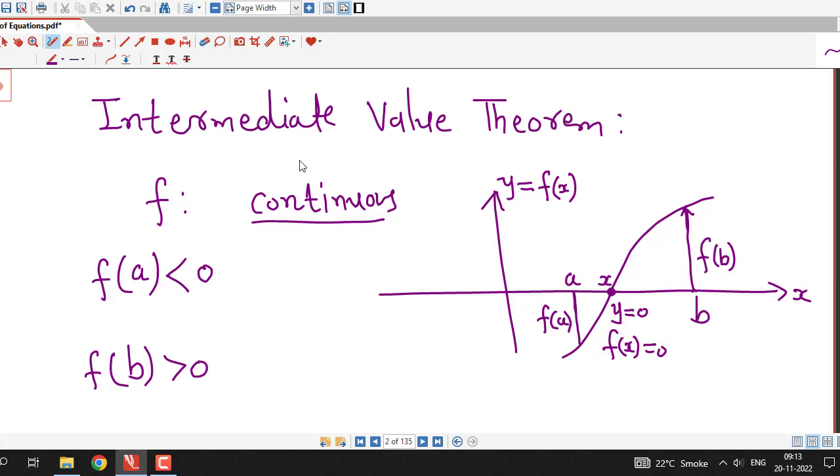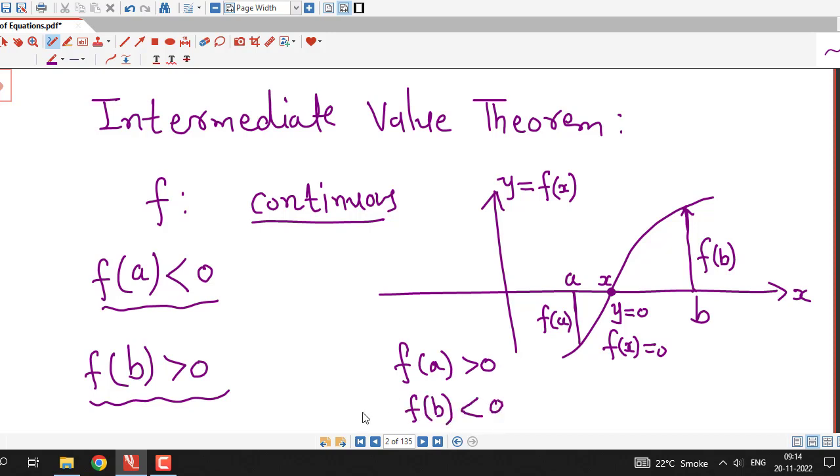So the intermediate value theorem says that if we can find 2 points a and b on the x-axis such that the value of the function at those 2 points is of opposite sign. If f of a is negative, f of b is positive, and another situation is we find a and b such that f of a is positive and f of b is negative.